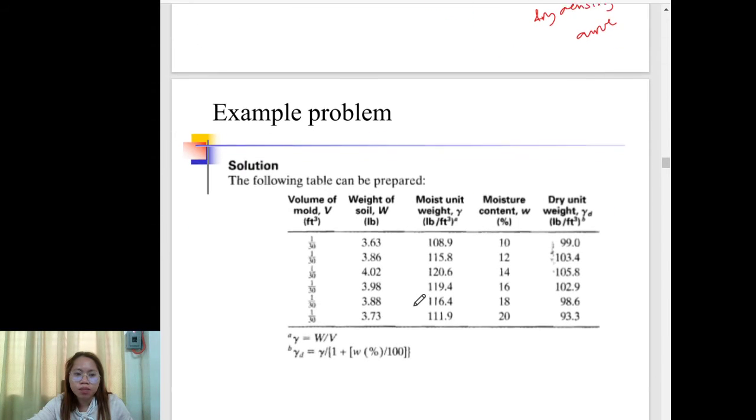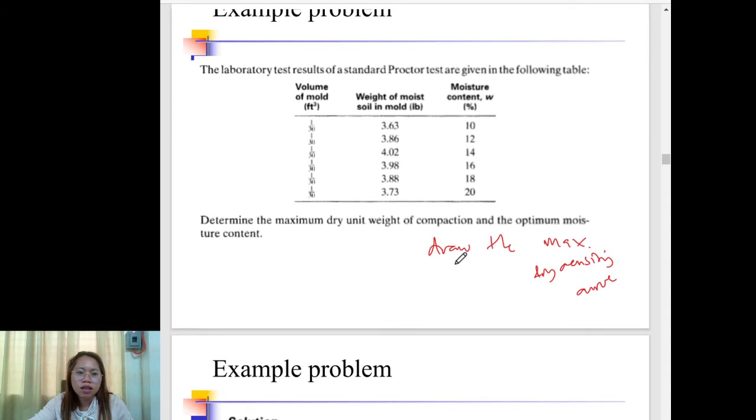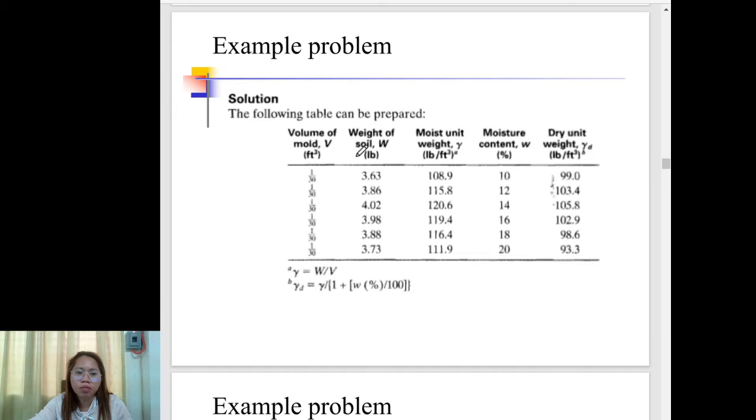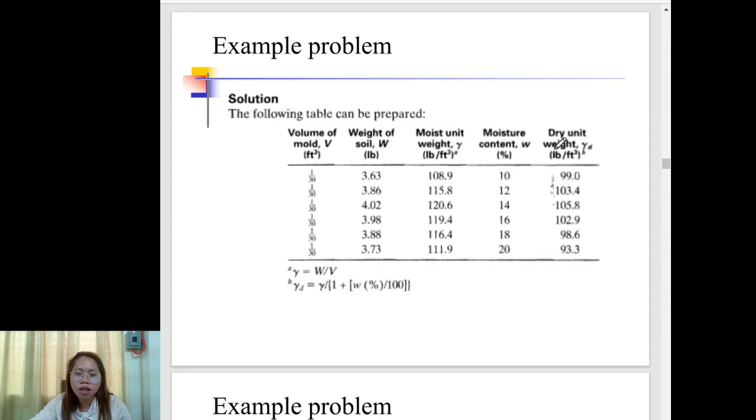So the following table can be prepared. Since the volume and the weight are given, we can obtain the moist unit weight of the soil by dividing the weight of the soil by the volume of the mold. And the moisture content is actually given in the table.